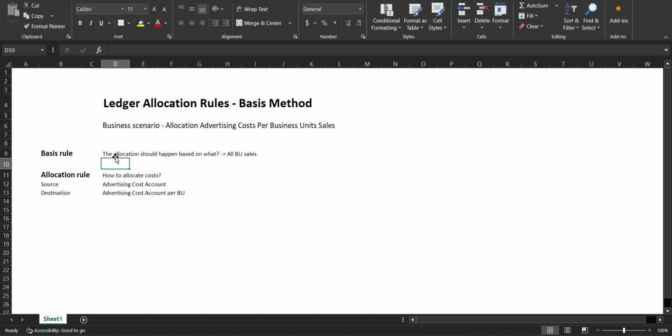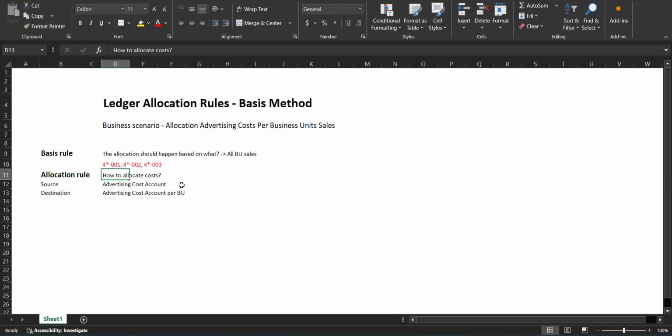For the basis rule, we're saying this is your sales transaction. That's going to be your sales account associated with each financial dimension as business unit, 001 for example, and you will have another basis rule for the same account, but now with 002 as the business unit, etc. So let me do a third one. All right.